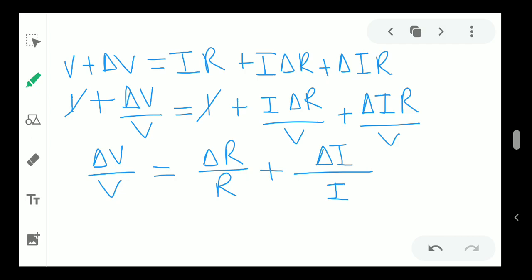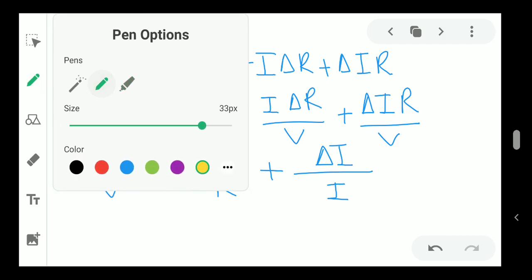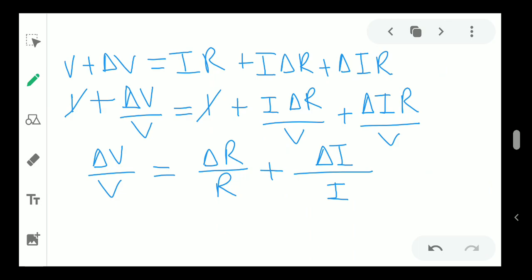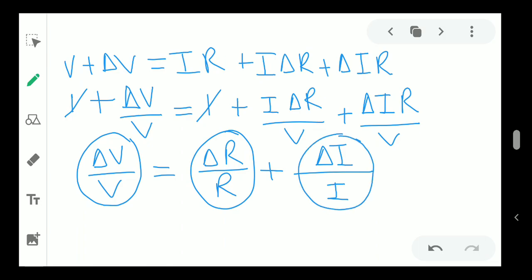So finally, one thing you can see is that in case of a product, absolute uncertainties cannot simply add up. Instead, the relative uncertainties add up.